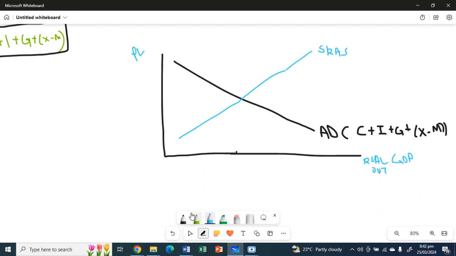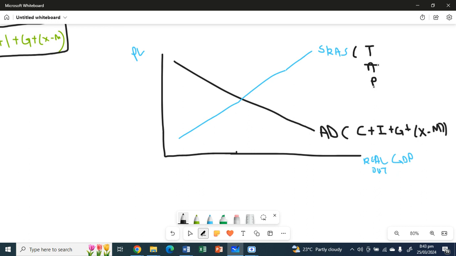And the shifters: technology, actions of government in terms of policies, regulations, tariffs, quotas, subsidies, taxes, and finally the price of resources.